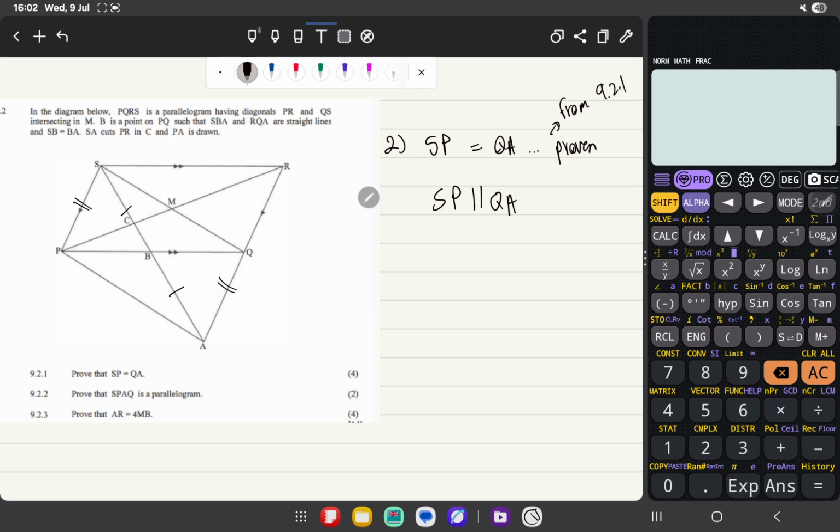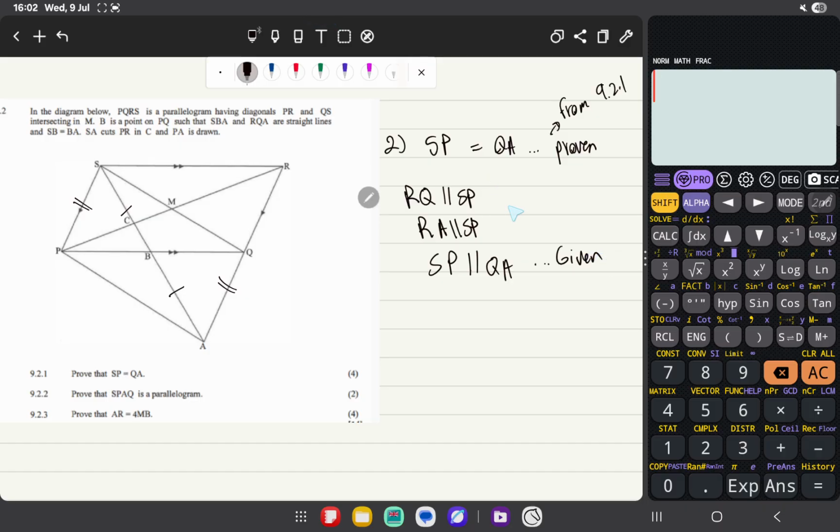If you look, RQ is parallel to SP, but you also realize that RA is parallel to SP. So the reason is given.